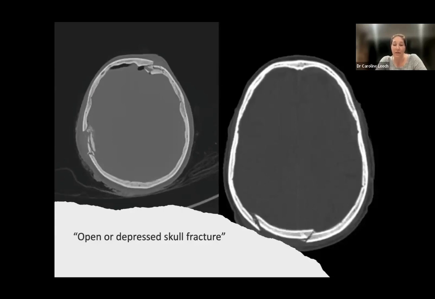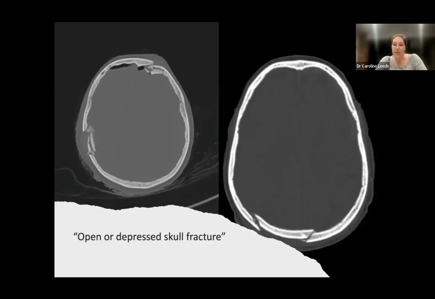It's not seeing the skull on its own, you have to see a fracture as well. Worst case scenario, an open skull fracture is where you see brain matter, which is clearly not a very good sign. And then a depressed skull fracture, so that's not a boggy swelling on the head. It's where you've got an obvious deformity, or when you feel the skull, you've got a palpable loss of congruity of the skull.